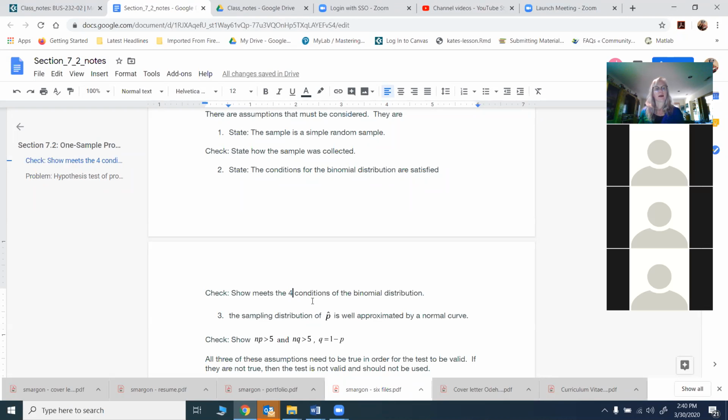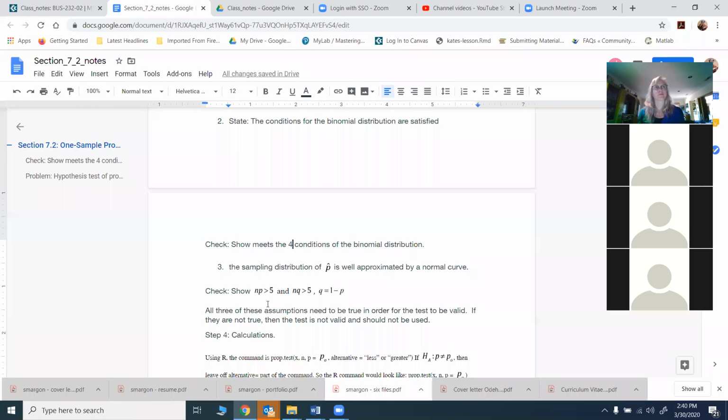And then the last assumption in a proportion test is that the sampling distribution of your p hat is well approximated by a normal curve. Remember, we would normally tell that was happening by looking at our normal density plot and our normal quantile plot. This doesn't have that.